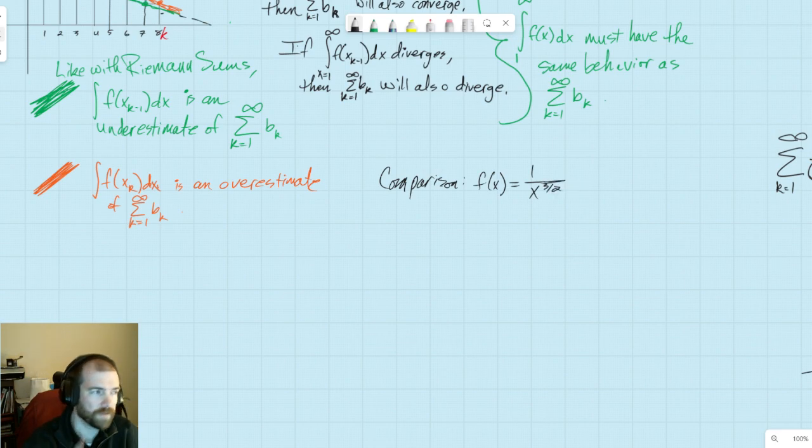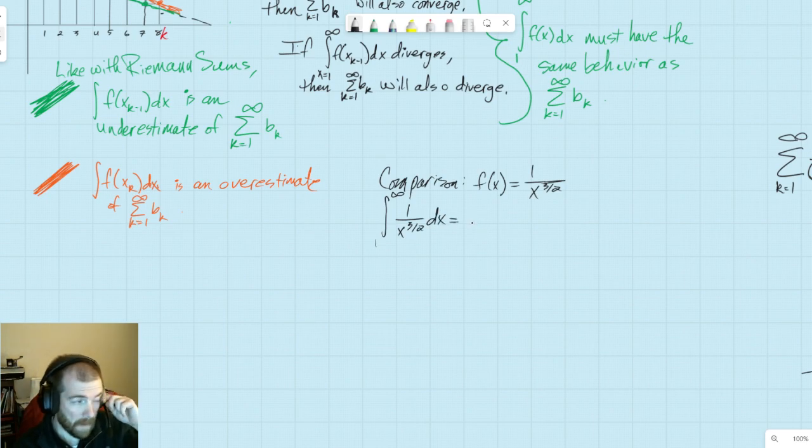That's our function that we're using, and now let's prove it. So the integral from 1 to infinity of 1 over x to the 3/2 dx is equal to, this is x to the negative 3/2, so when we take the integral, this is going to get us a negative 2/3.